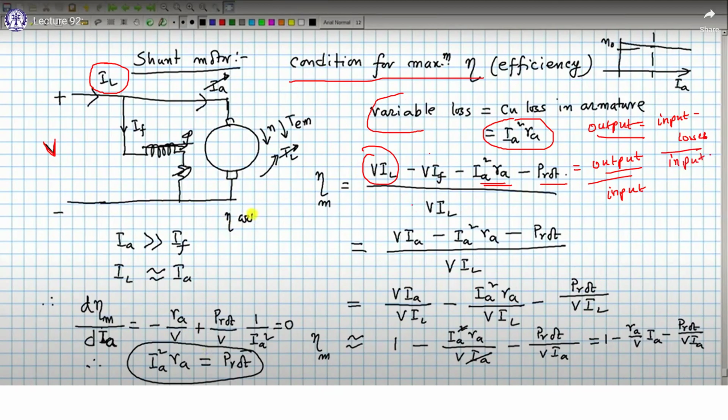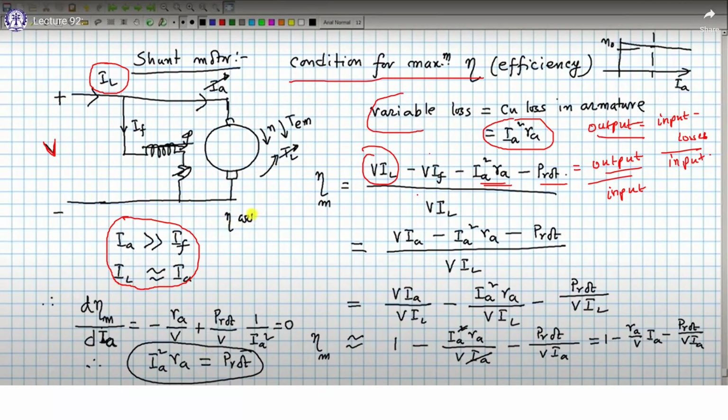Now here we are assuming that this armature current is very large compared to field current, which is generally the case. Also you will see that the armature current is like 20-25 ampere, whereas the field current is like 1 ampere, sometimes 0.5 ampere.